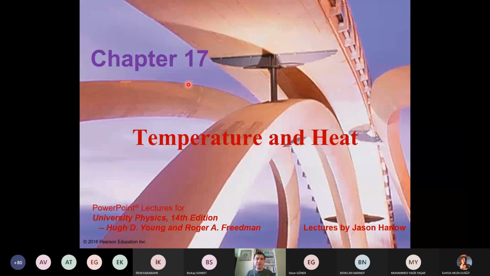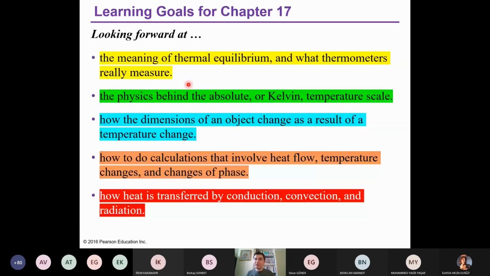So we will learn the meaning of thermal equilibrium and what thermometers really measure. We will discuss different types of thermometers, and we will discuss the physics behind the absolute or Kelvin temperature scale. We have different temperature scales. We will discuss them.